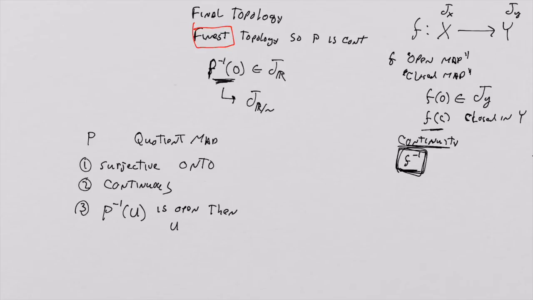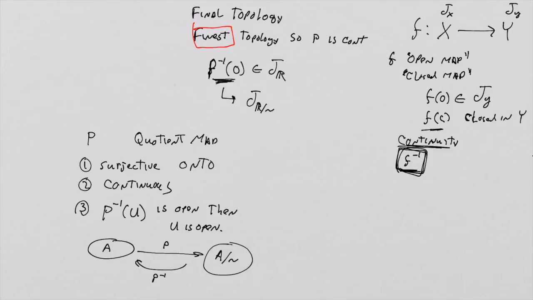U is open. So remember, we have our set A, and we have the canonical projection P to A over the equivalence relation. So we have this mapping, and P inverse goes this way. So if I have any set U inside A over the equivalence relation, P inverse of U is a set in here.